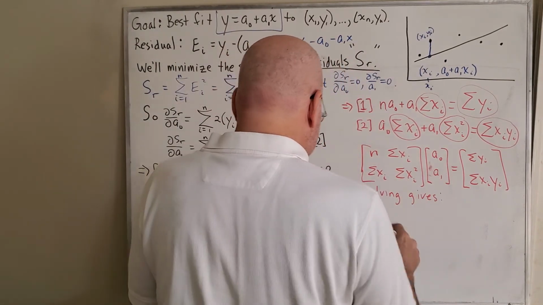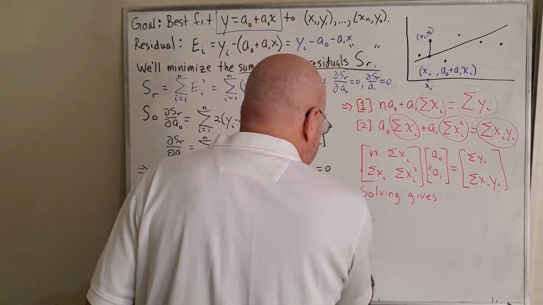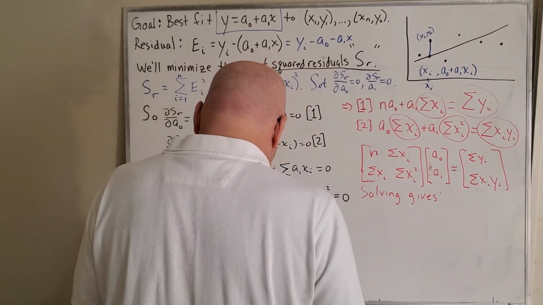A1, the second row, it's a big fraction, so let me use a different color.